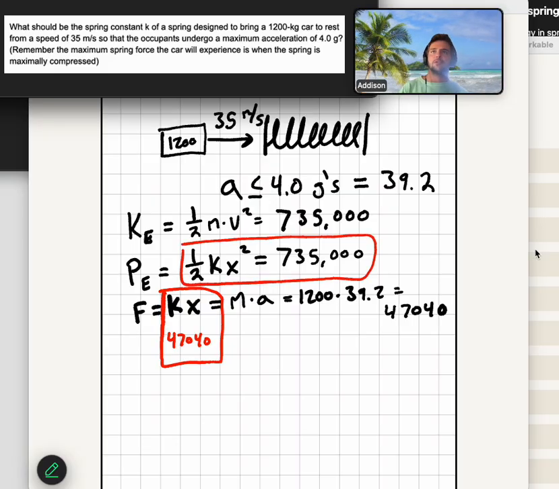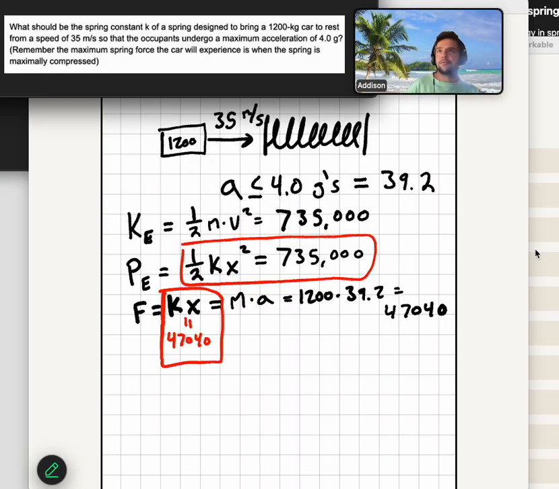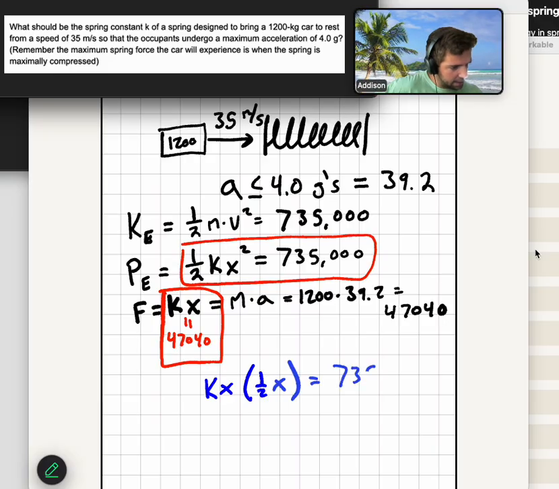So we know from algebra that's 2 equations and 2 variables, so we can solve this. Now, what's the most clever way of solving this? Well, 1/2 kx squared is the same thing as kx times 1/2 x. So I can pull a kx out of that equation.